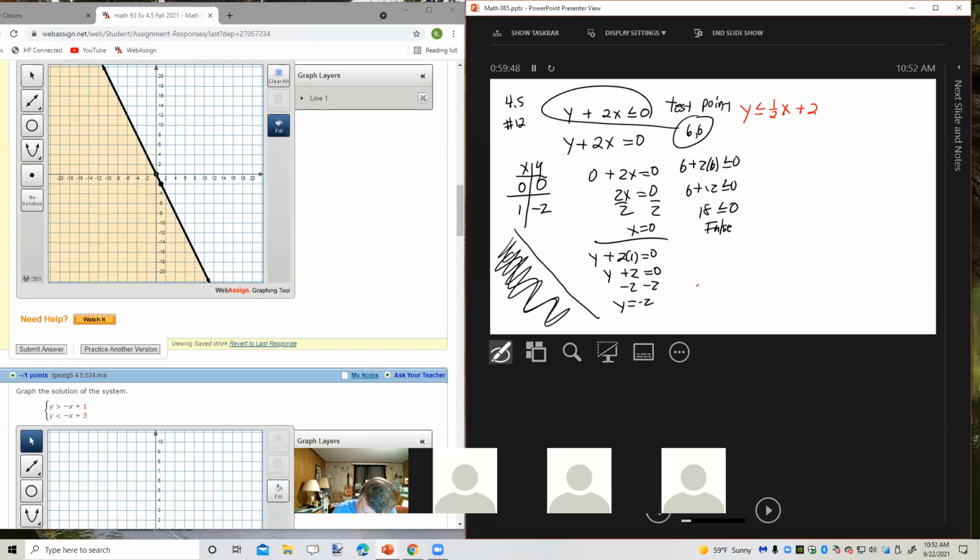So I'm going to look at the equation y equals 1/2 x plus 2. And I'm going to go with x and y intercepts again. If y is 0, 0 equals 1/2 x plus 2. I'm going to subtract 2 from both sides. Negative 2 equals 1/2 x.